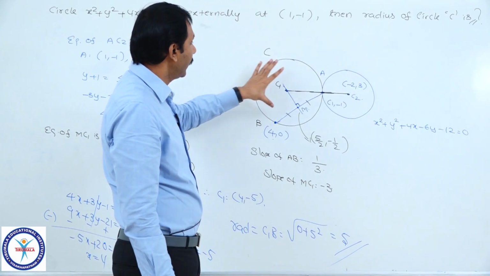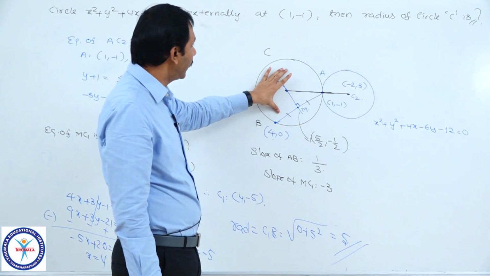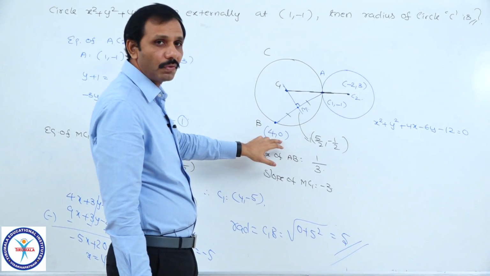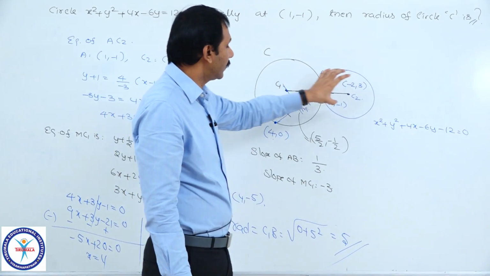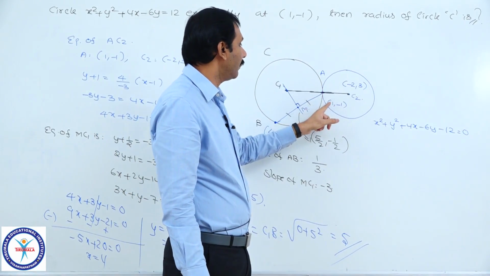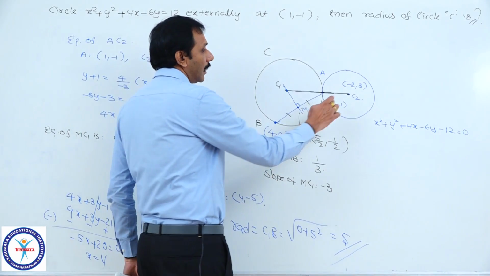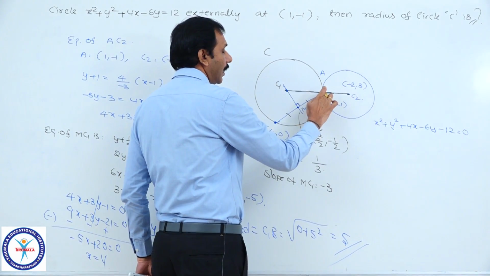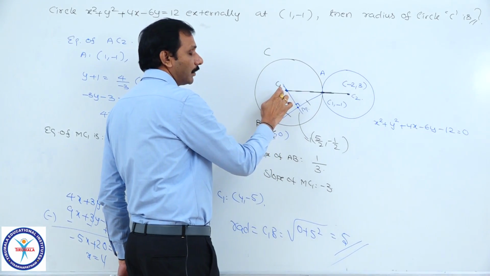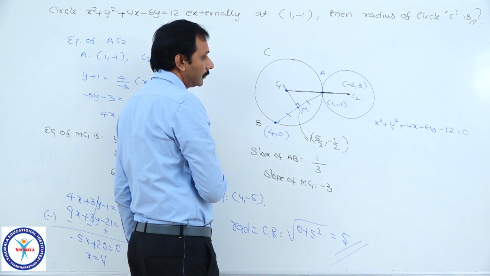What is given, you see? I need the equation of this circle. The data given is that it is passing through the point (4, 0) and it touches this circle at the point (1, −1). I observed that the line joining the center and this point of contact passes through the center of the circle.